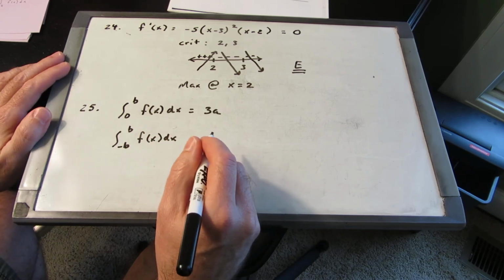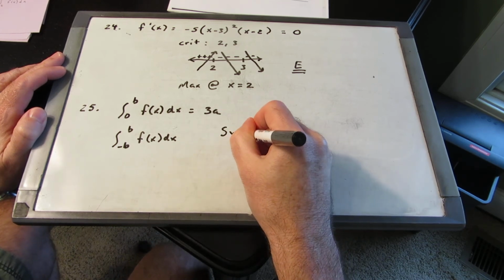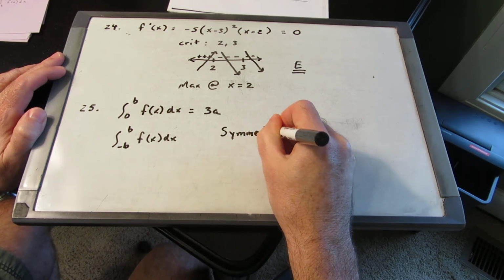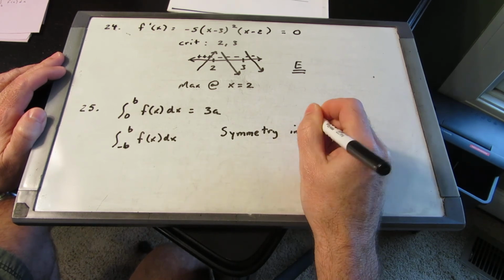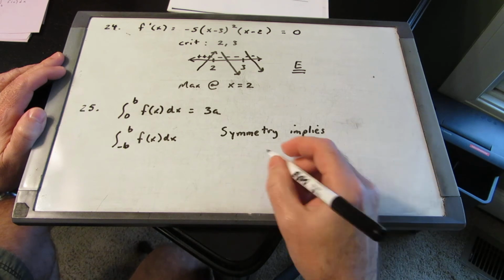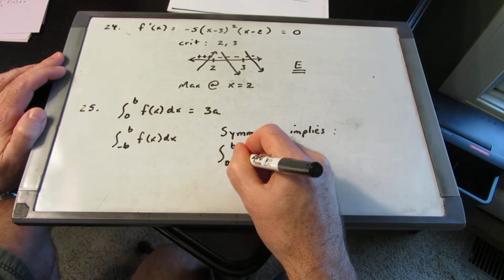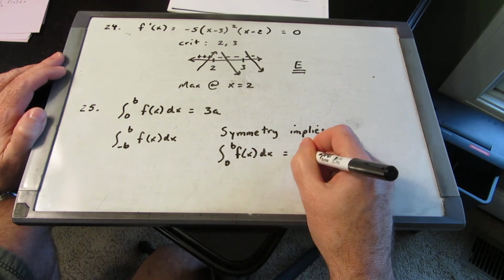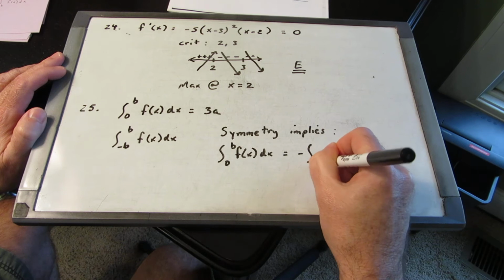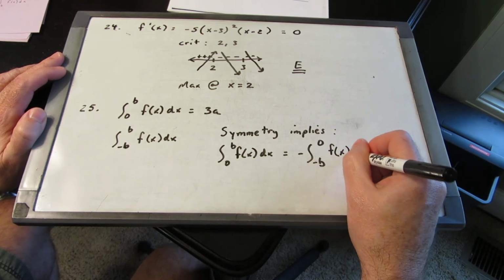Okay, so symmetry implies that the integral from 0 to b of f of x dx is equal to the integral from negative b to 0 of f of x dx.